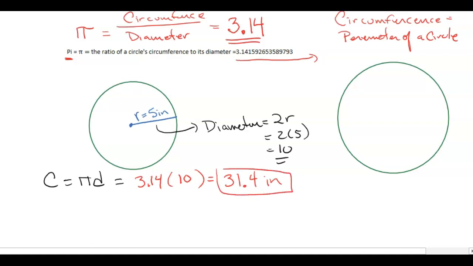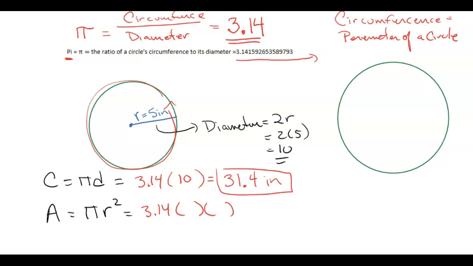So the circumference of that circle, meaning if I measured around the outside with a measuring tape, would be 31.4 inches. The area is pi times the radius squared. So I'm going to plug in my numbers. Pi was 3.14. The radius squared just means the radius times the radius. In this case, the radius was 5 inches, so 5 times 5.